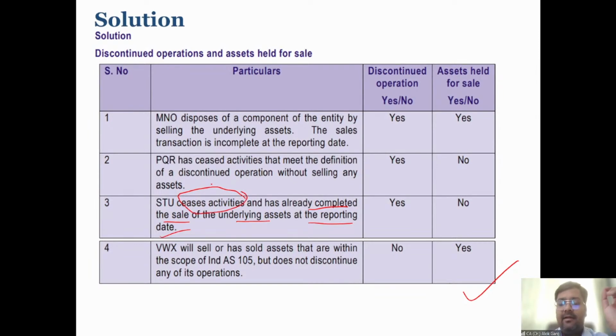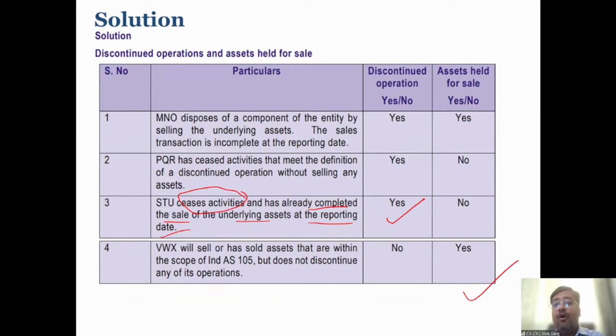It seems that it is a case of a segment, and that is why in discontinued operation it is written as yes, because of course this operation is discontinued, right? But as far as asset held for sale is concerned, why is it written as no?